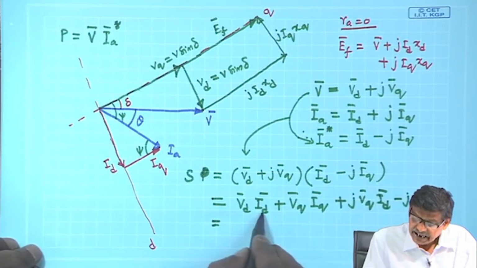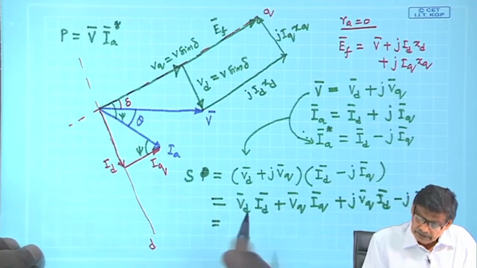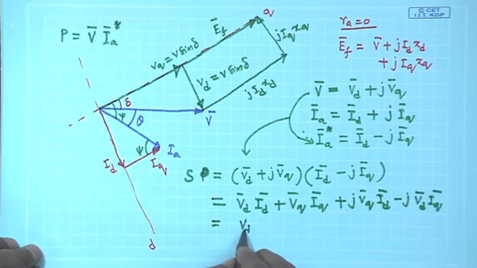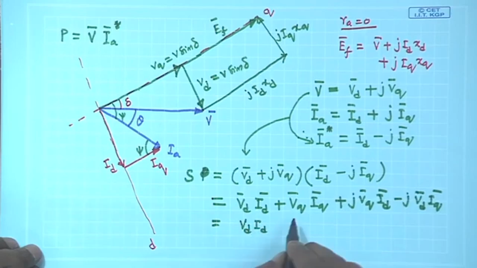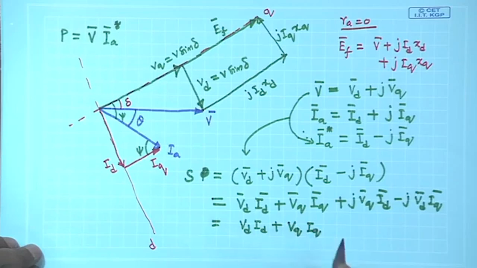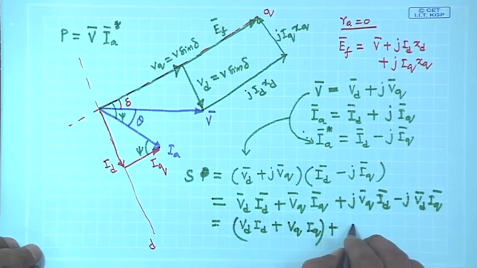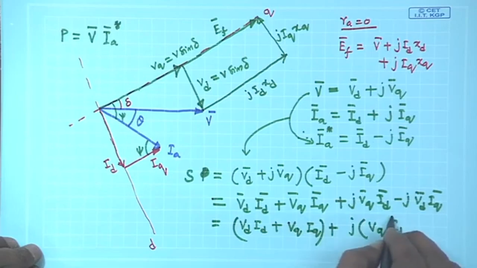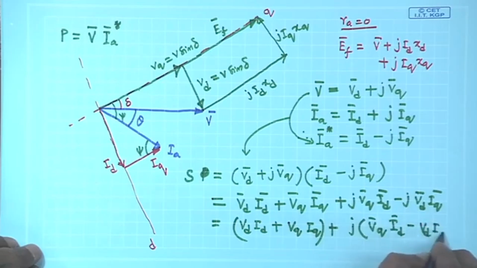Now, V_d and I_d are in the same phase. Therefore, it will be simply the multiplication of V_d into I_d. V_q and I_q are in the same phase, so it will be V_q I_q, is it not, and then plus j, whatever it is here, V_q I_d minus V_d I_q.